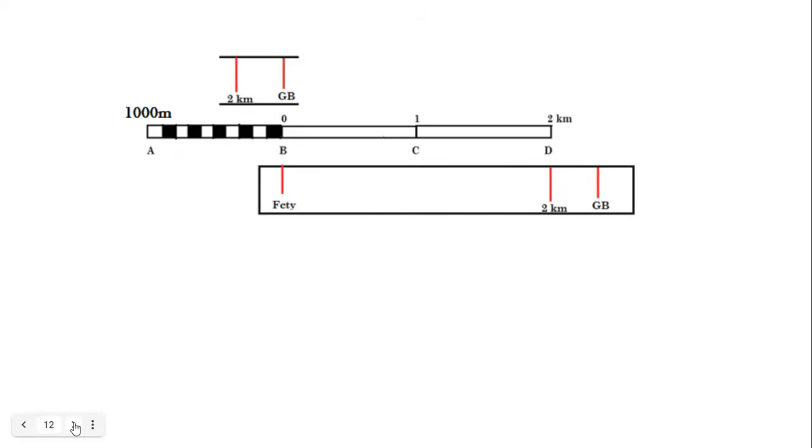Now, sometimes when you mark off the length on the paper and you place it against the linear scale, you're going to find that it goes past the ground distance value on the linear scale.